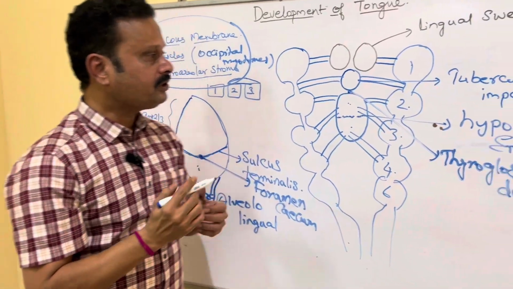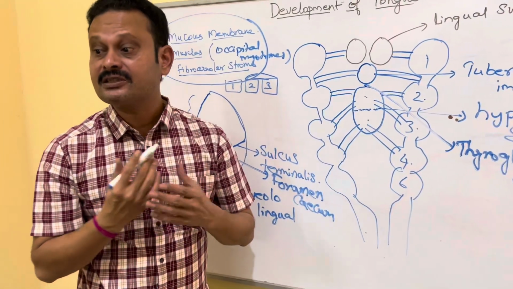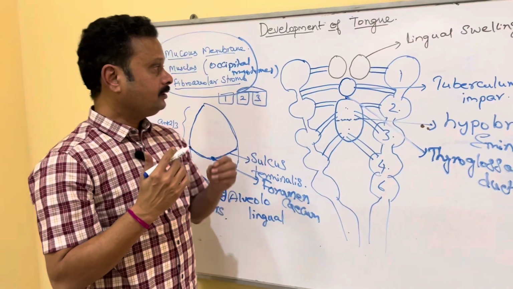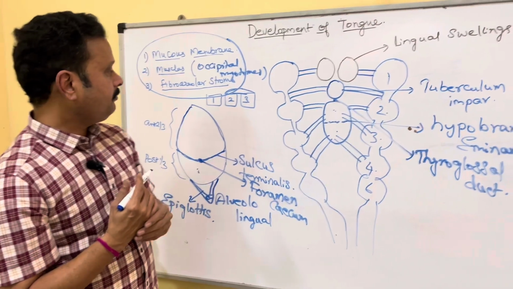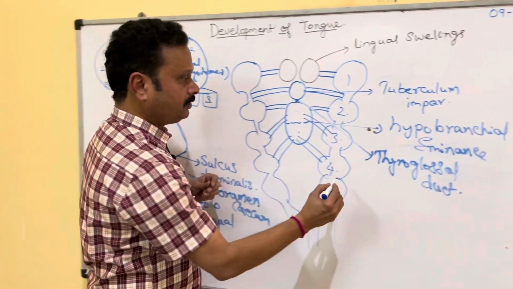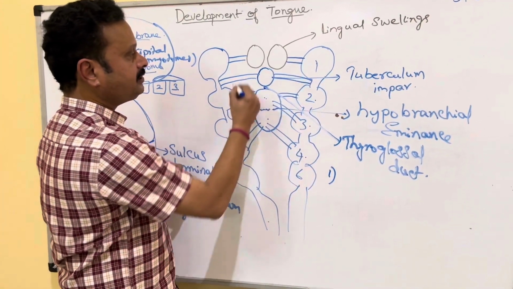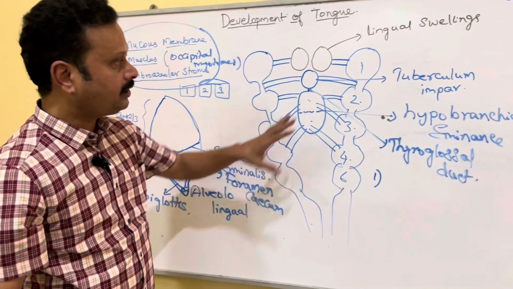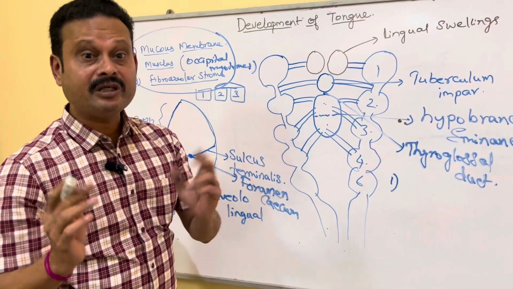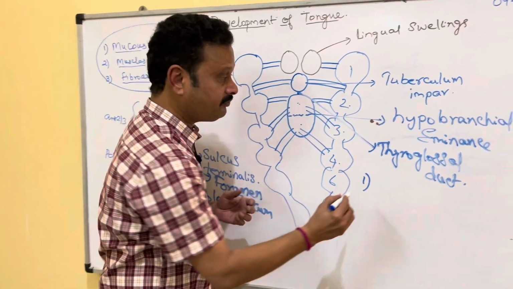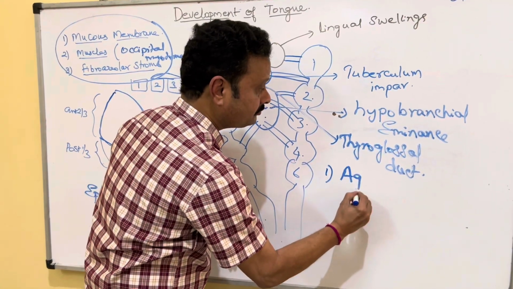Now we need to know the developmental anomalies also. The developmental anomalies include, when there is absence of the development of the tongue rudiments, the tongue may be absent: agenesis of the tongue, or aglossia.